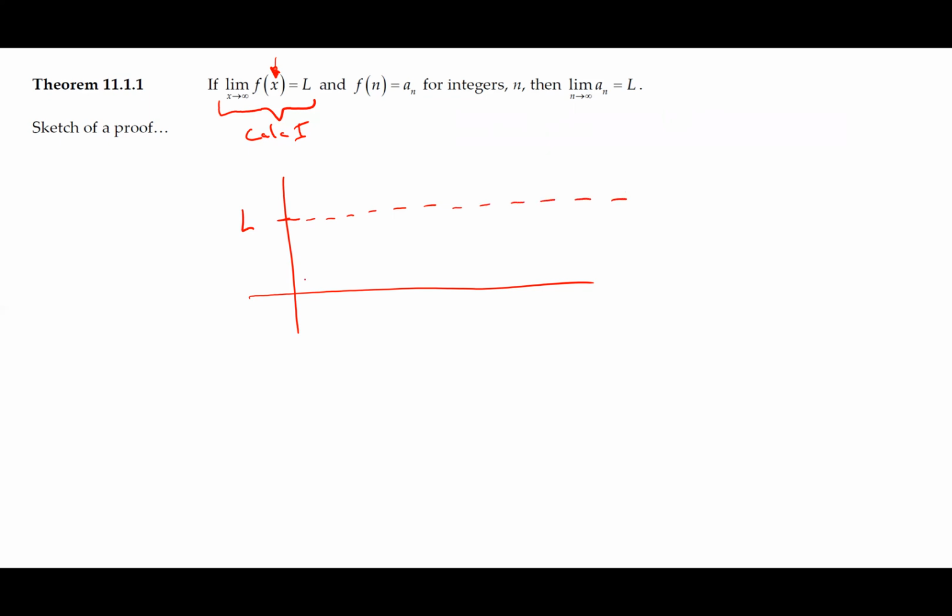And let's say I have some function that eventually starts to approach that value L. Well, remember what's happening here. My function f of x is defined for all real numbers. And what we're doing is treating our sequence, which has these natural number values for its domain.